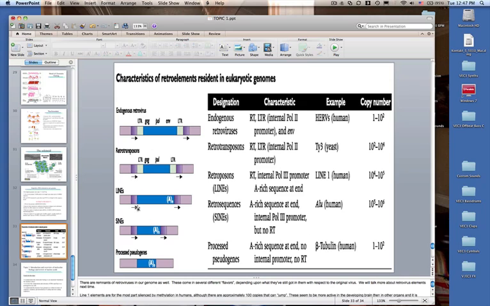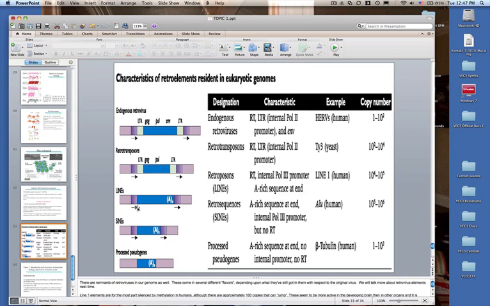And for the most part, the LINEs and the SINEs are clamped down. This sequence is highly methylated next to where the jumping would occur. Methylation is going to actually silence the DNA, and we'll talk more about that later.